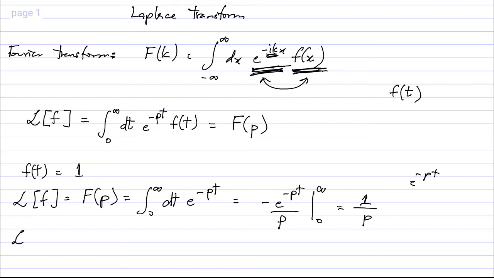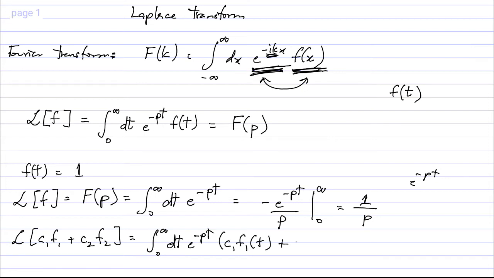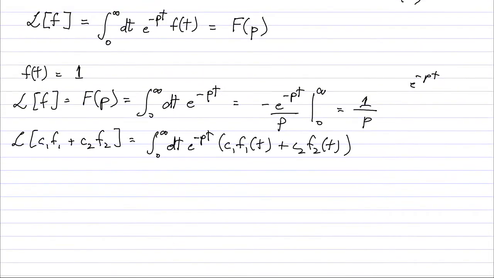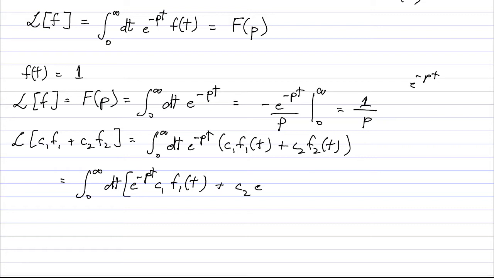Because if you have c1 f1 plus c2 f2, where f1 and f2 are arbitrary functions, then by definition you have the integral from 0 to infinity dt e raised to power minus pt times c1 f1 t plus c2 f2 t.